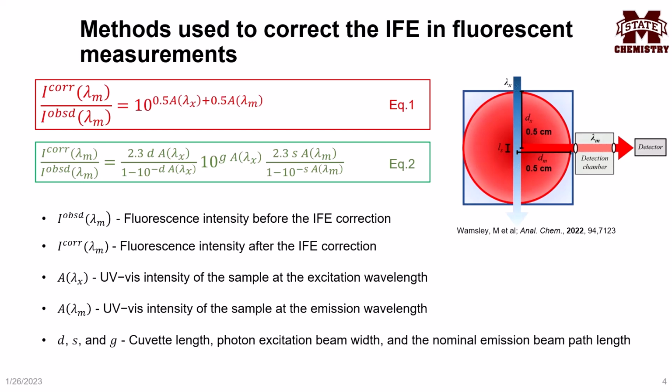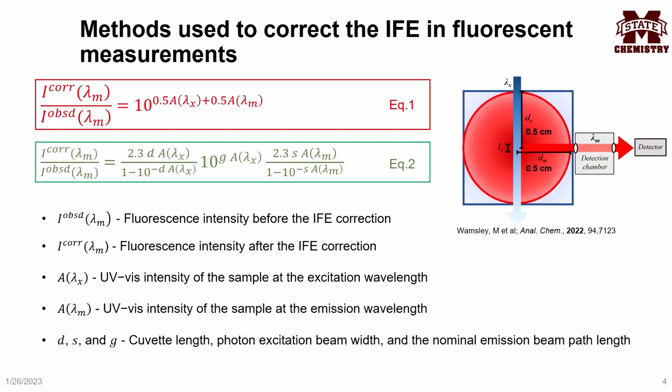The cuvette used has dimensions of 1 cm square and the effective excitation and emission path lengths are assumed to be 0.5 cm. As can be seen in the diagram, the excitation photon will travel 0.5 cm into the cuvette and the emission photon will travel 0.5 cm before exiting the cuvette.